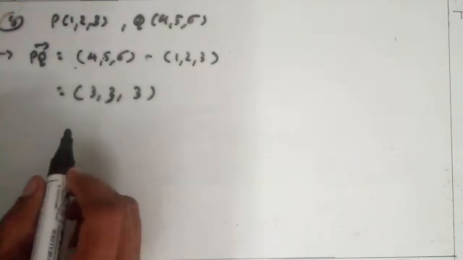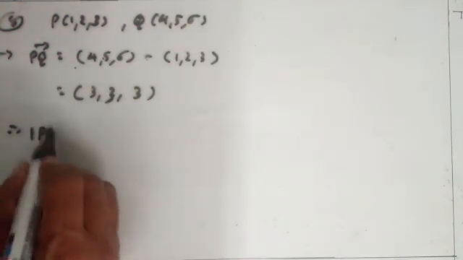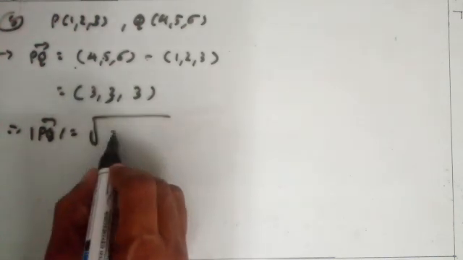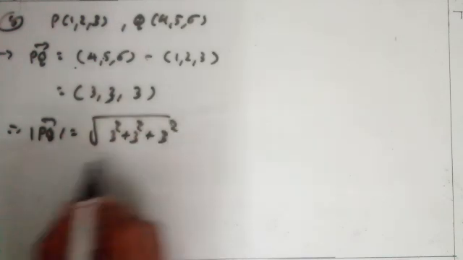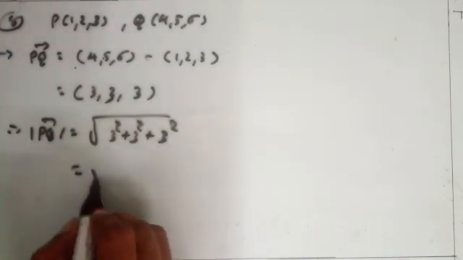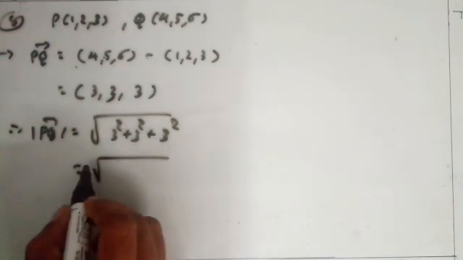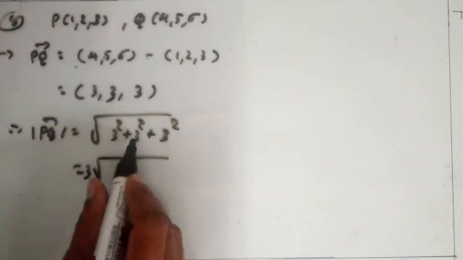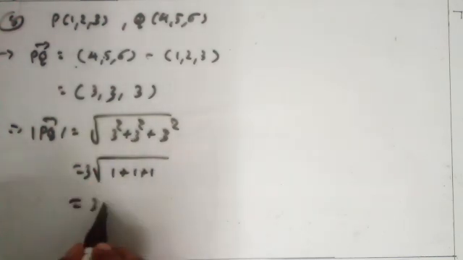Now find the magnitude of this. Therefore mod of PQ is equal to root of 3 square plus 3 square plus 3 square. Taking 3 square common outside the square root, we get 3 times root of 1 plus 1 plus 1, which is equal to 3 root 3.